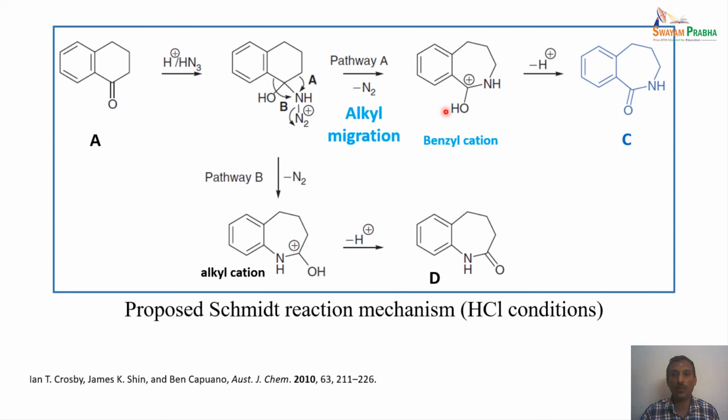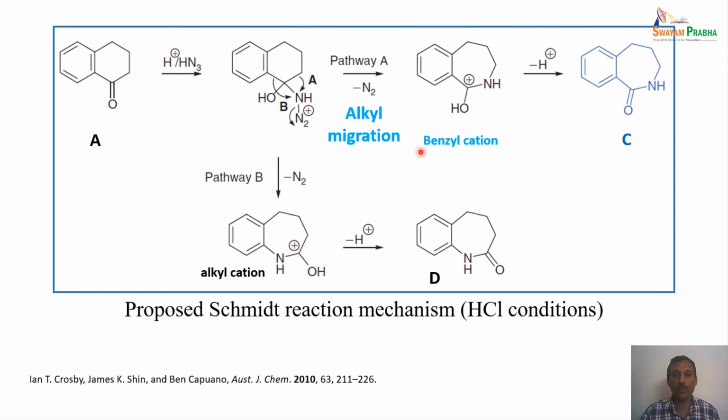After the alkyl migration, that is, this bond migrating, we get a benzyl carbocation. And if the aryl migration takes place, then we are going to get an alkyl cation. So there are two ways the reaction can follow. One is the alkyl migration pathway, which leads to the benzyl cation, and the other is aryl migration, which leads to the alkyl cation.